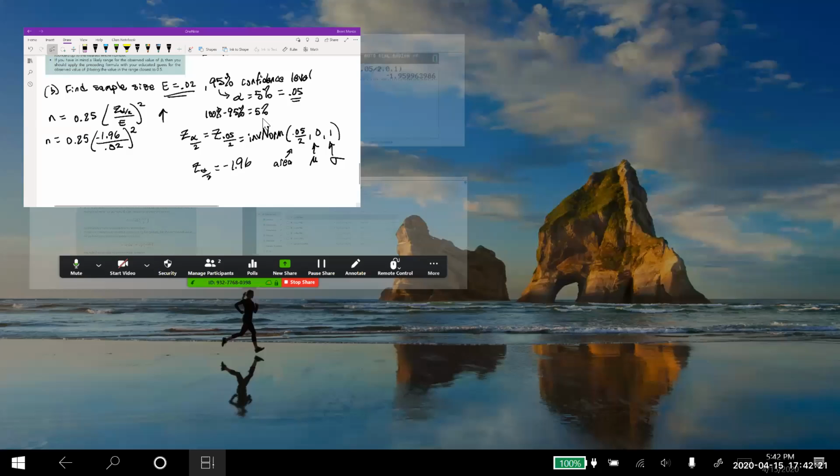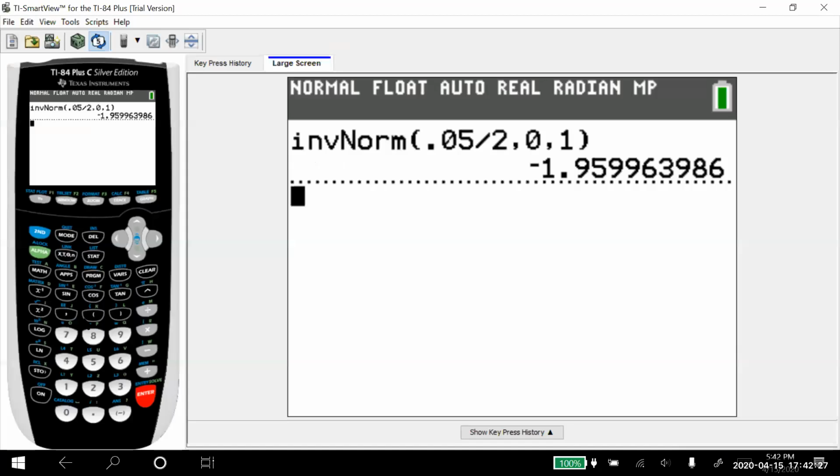So 0.25 times, you don't have to hit times, you can just put, it's going to go away when we square anyway, divided by the margin of error, which was 0.02 or 2%. And then I square that whole thing. Here's the x squared, that's going to square the whole thing. And that's it, I just hit enter.